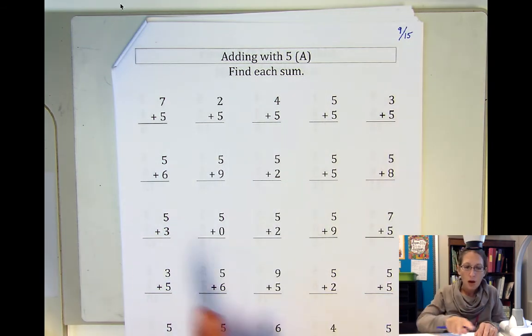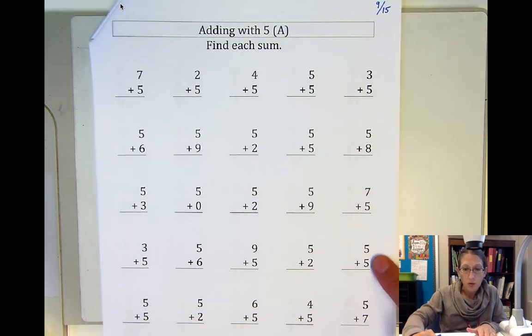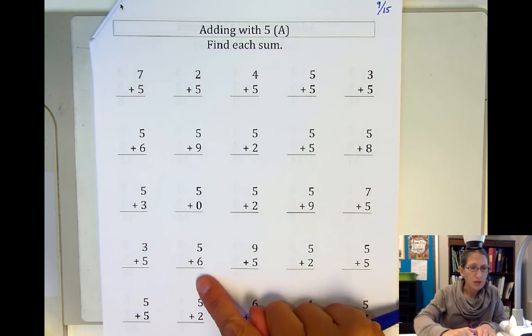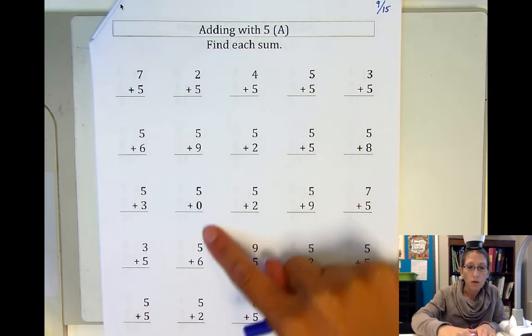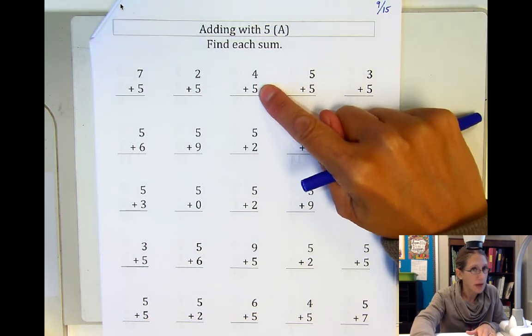So today we're adding 5. We can think about our facts that we know, especially this one. I bet you all know this one. If 5 plus 5 is 10, then we can think about, well, let's see, 5 plus 6 is going to be 11. It's going to be one more than that. Or this one up here, 4 plus 5 is going to be one less than 10.